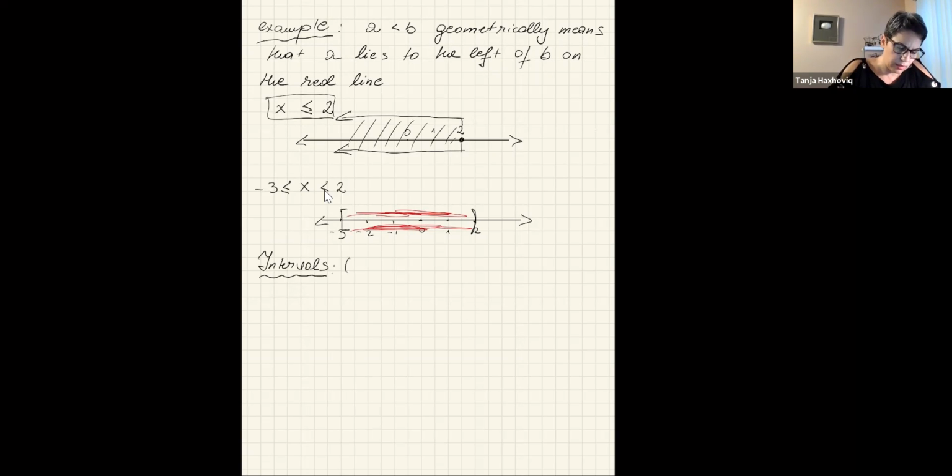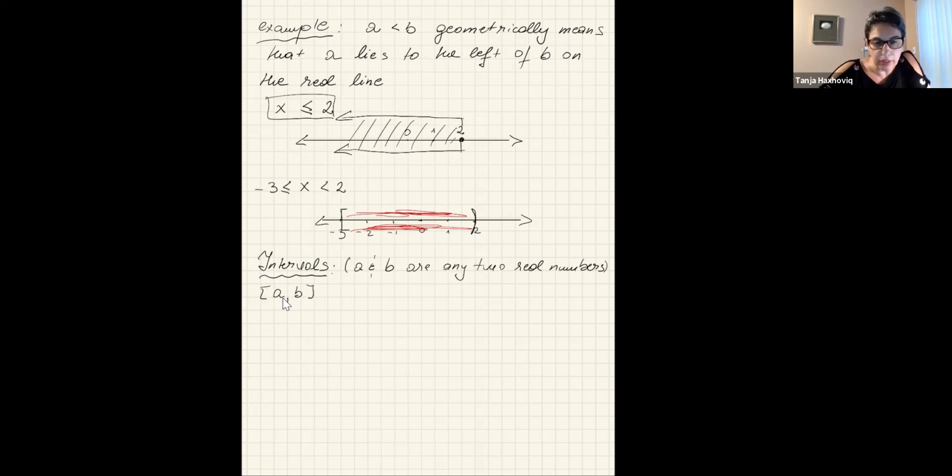Okay. Here, A and B are any two real numbers. Okay, so this is the closed interval A, B. These square brackets indicate that we're dealing with a closed interval. What does a closed interval mean?